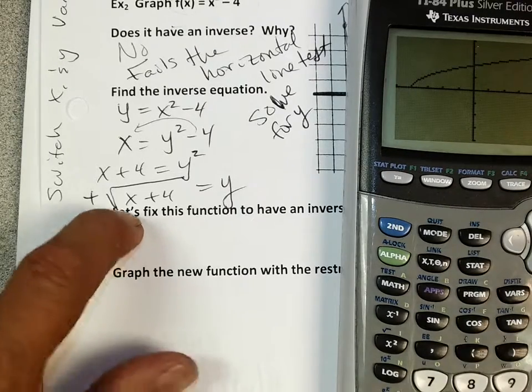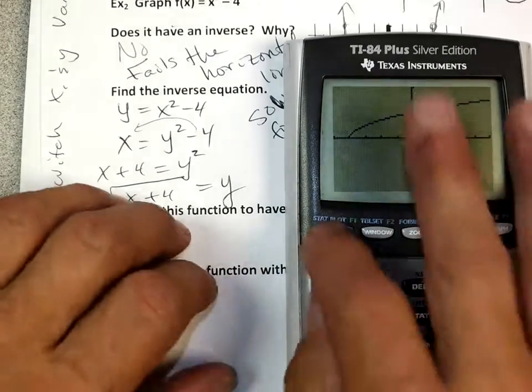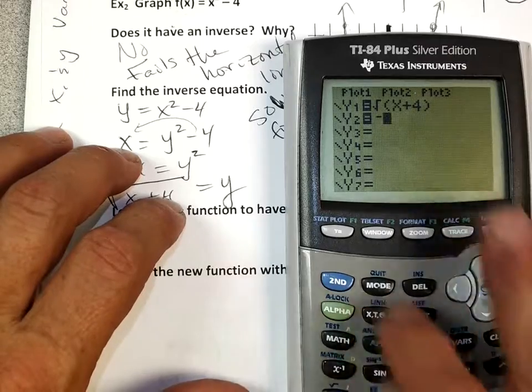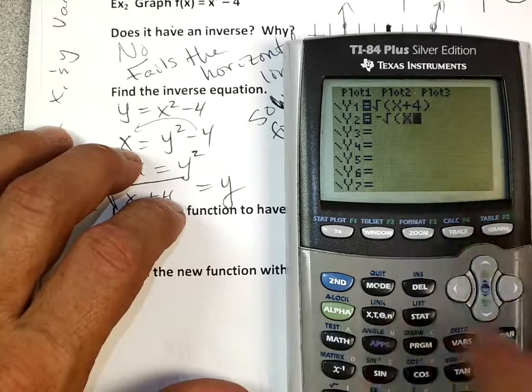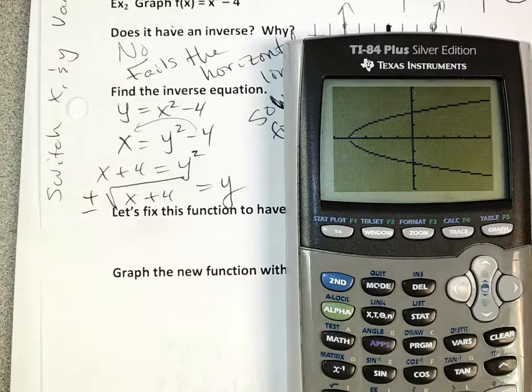Okay, there you go. Can you see what I did? And if I did the negative square root of x plus 4, what do I get? It took two equations to graph its inverse. So the problem is, if it takes two equations, it can't be a function, and it's not.